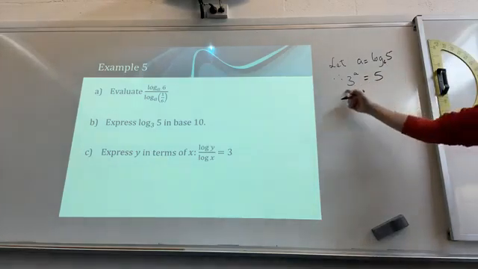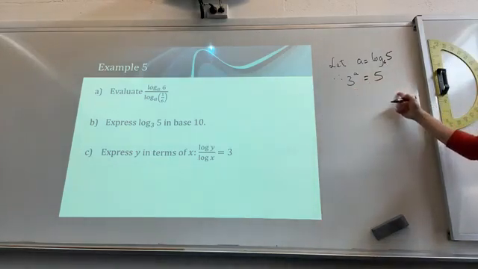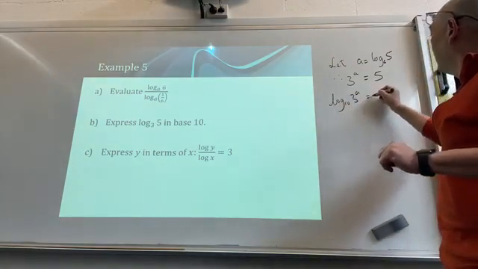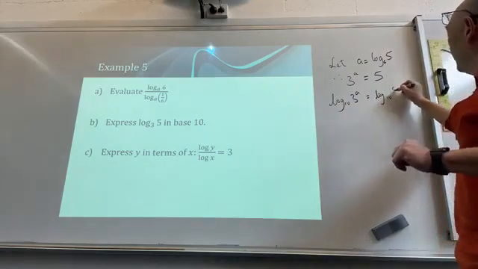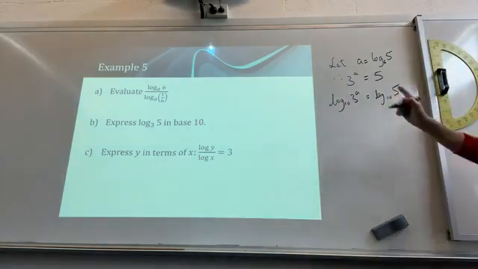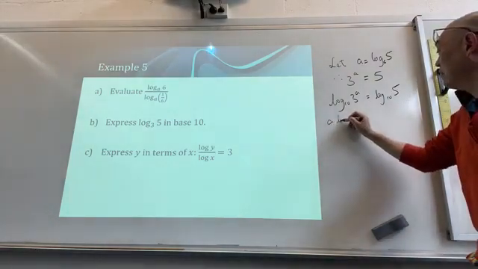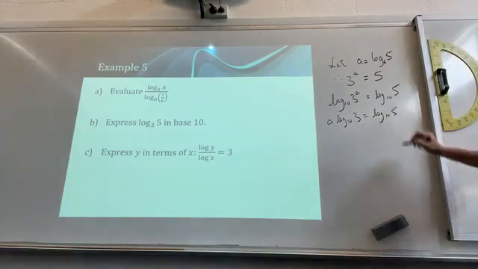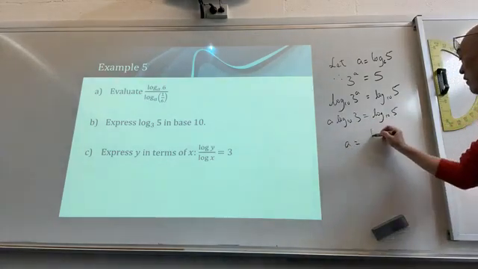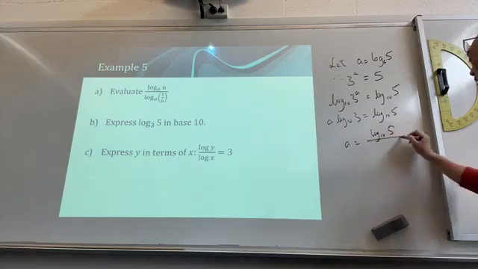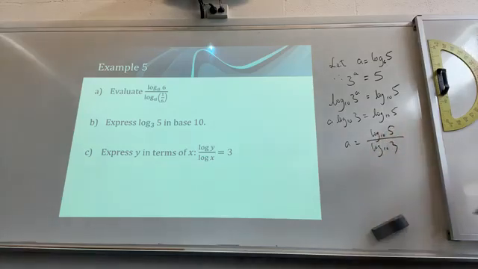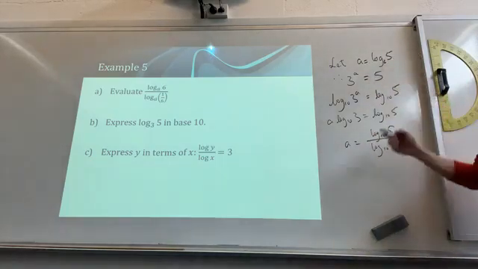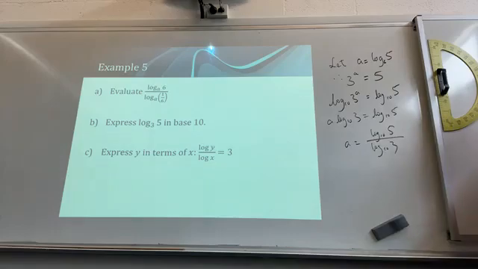Agree? Now, if I take log 10 from both sides, log 10 of 3 to the power of A equals log 10 of 5. Therefore, A times log 10 of 3 equals log 10 of 5. So therefore, A equals log base 10 of 5 divided by log base 10 of 3. So you can see that if I want to change log base 3 of 5 to log 10, this is the process of doing it.